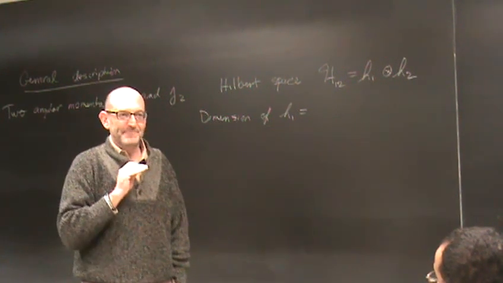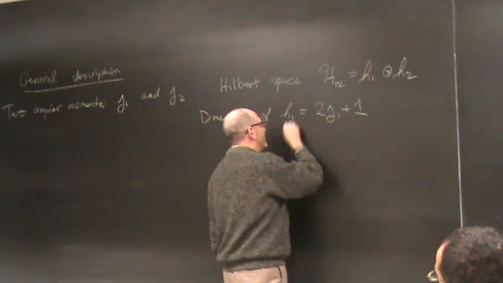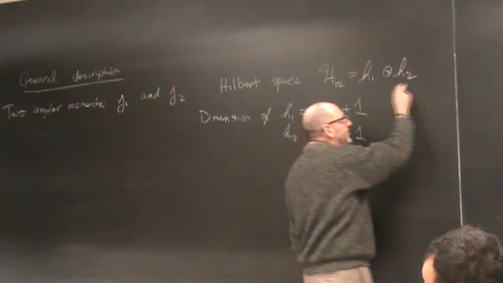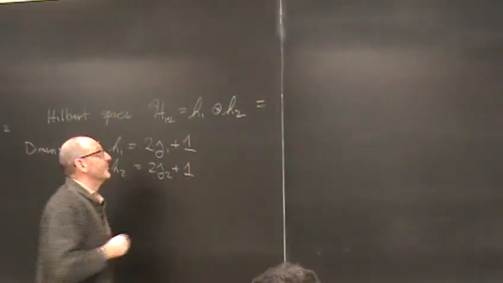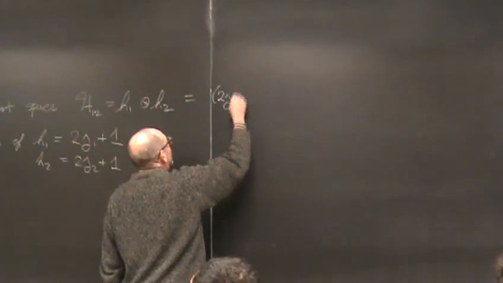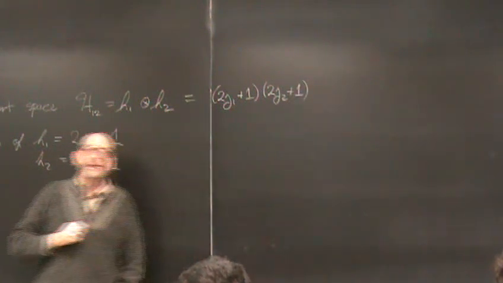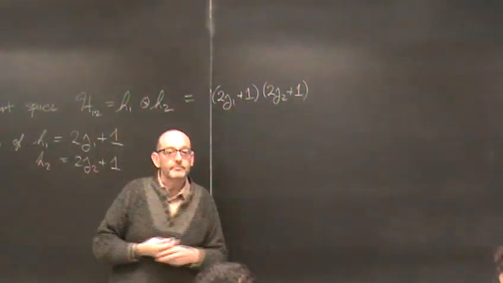In this case, 2j1 plus 1, and for H2, it's 2j2 plus 1. So what is the dimension of the tensor product space? The product of those two. So that's the total dimension of the Hilbert space in which we're working. For example, if we had two spin 1/2 particles and we're looking at the total spin of the system, this would be 2 times 2, or 4.